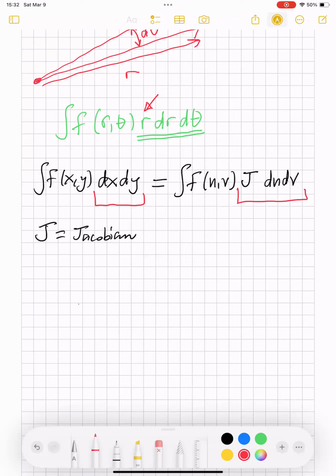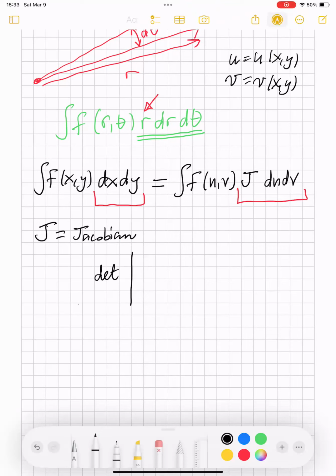And what is the Jacobian given by? Well, it's the determinant of, let's imagine here that we know that u is equal to some function of x and y, and v is equal to some function of x and y.